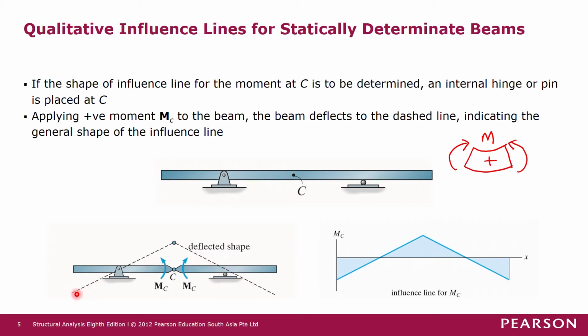So it gives you this deflected shape when this structure is acted upon by a pair of bending moments like this. This deflected shape is the general shape of the influence line for MC, which is the bending moment at C.